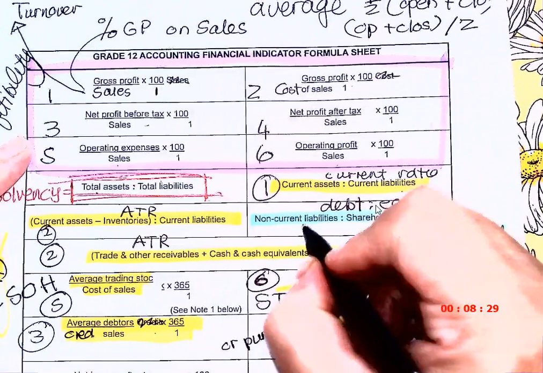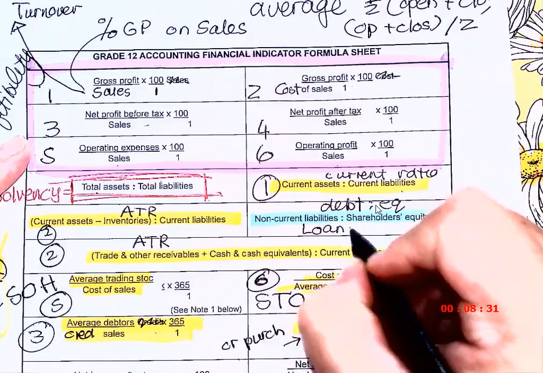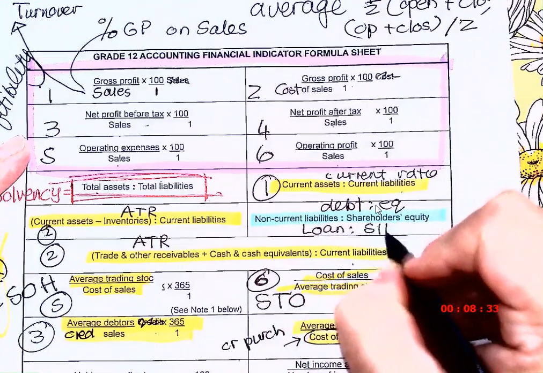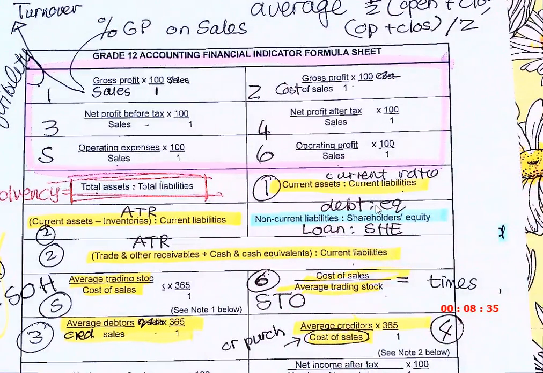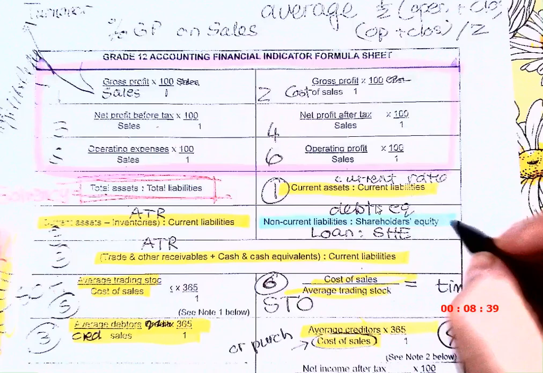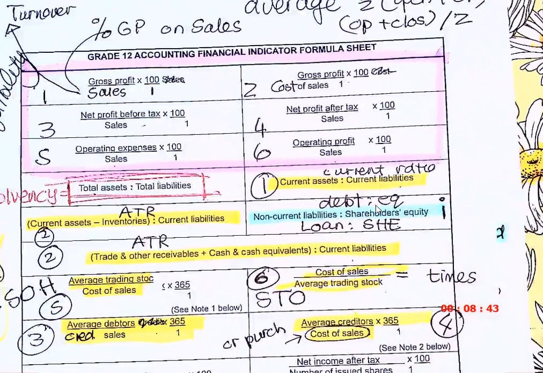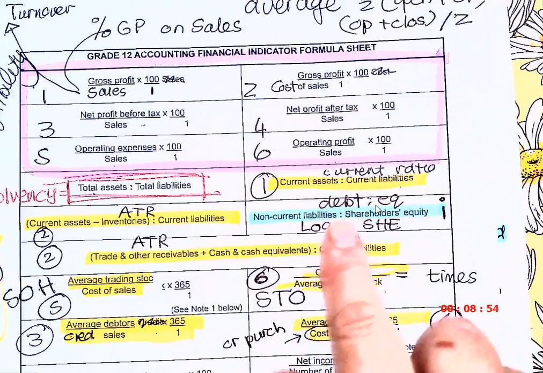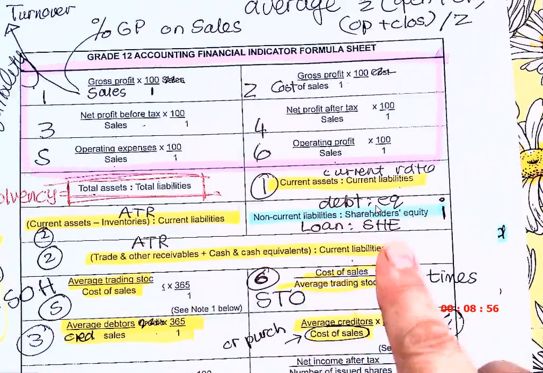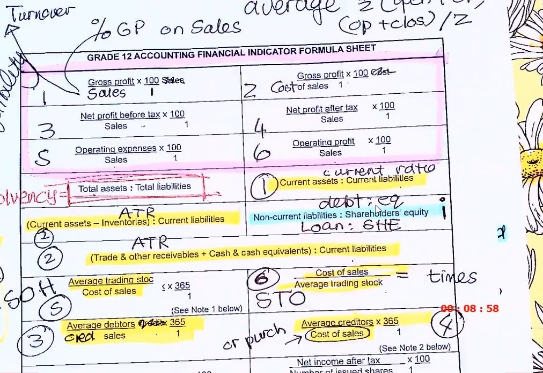I say it's loan to SHE. So I'm going to number this one with a Roman one. I say debt equity is loan to SHE. It helps me remember because I tend to swap the two.